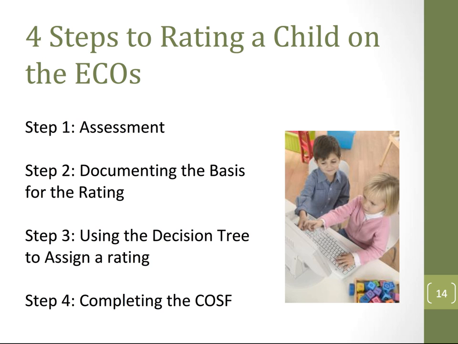Once assessment information is collected, teams will need to organize that information in a way that allows them to think about the child's abilities in the 3 outcome areas. With assessment information organized, the use of the decision tree, or step 3, helps teams assign a rating on each of the 3 early childhood outcomes. The 4th step is to document that rating on the child outcome summary form.